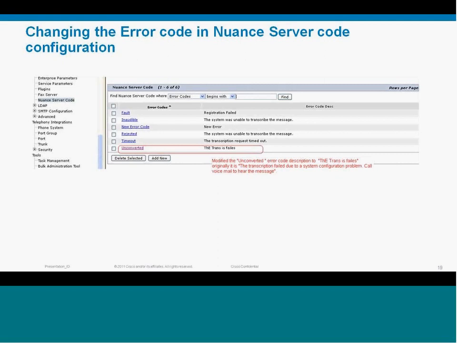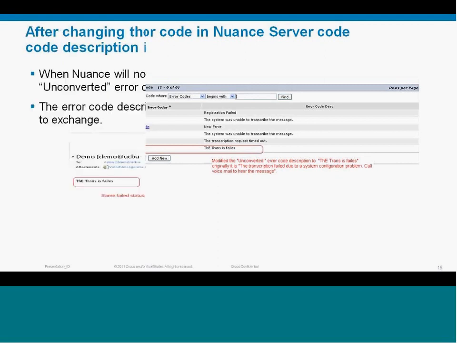So here we modified the unconverted error code description to "transit failed". Originally it is "transcription failed due to system configuration problem, call voicemail to hear the message". So that message is changed to "transit failed", and we can verify whether this message is synced to Exchange in case of failure or not.